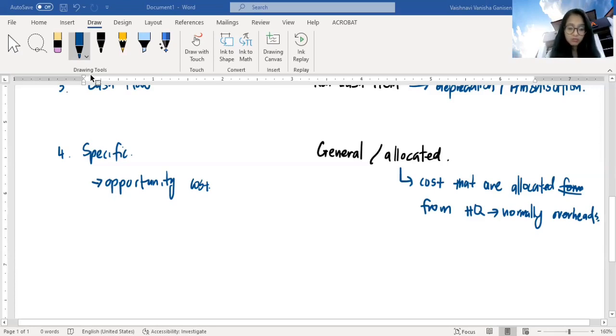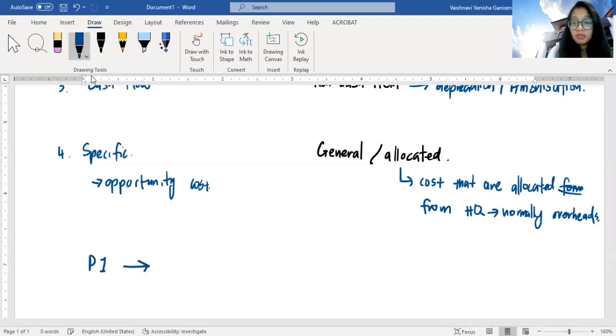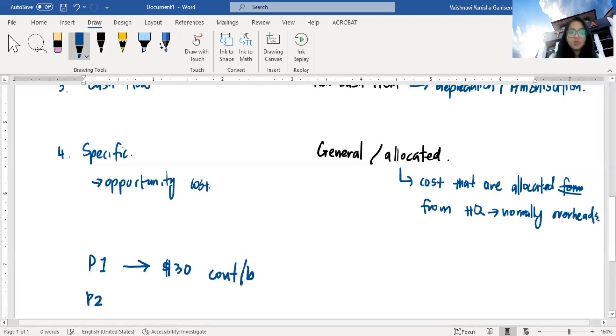Let's say now you have project one. Project one, the contribution per unit is $30. And now you want to take up project two. Project two, your contribution per unit is $25. So what is an opportunity cost?